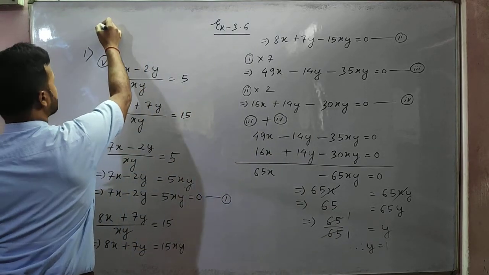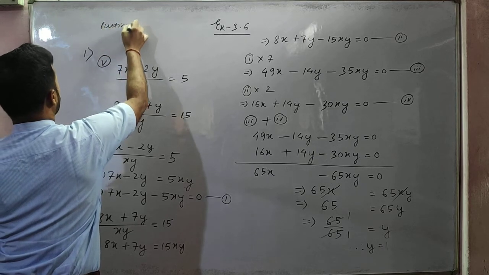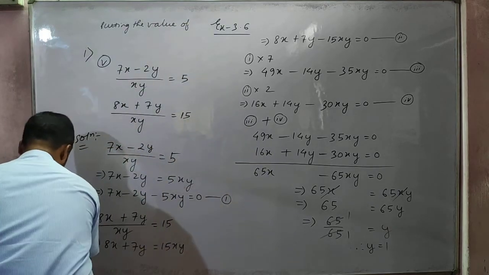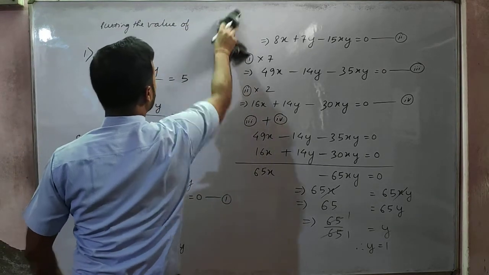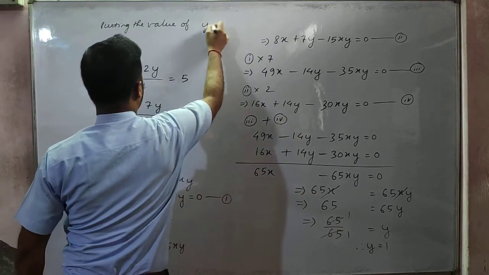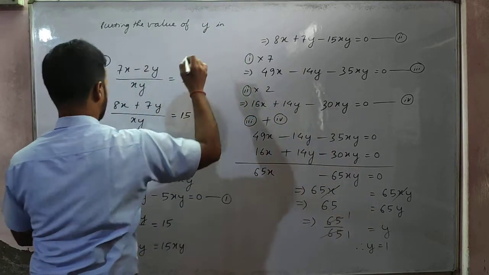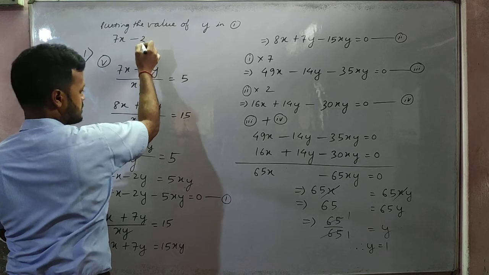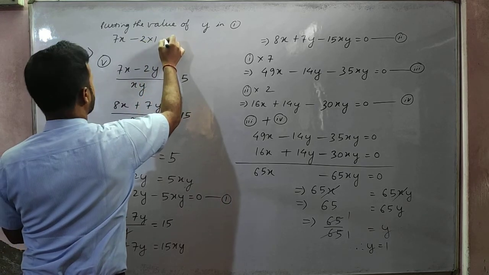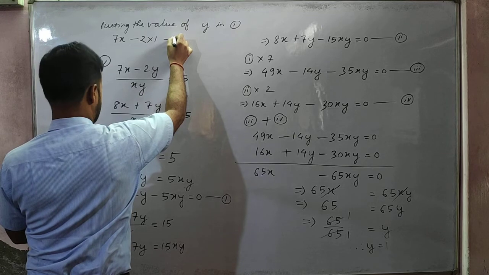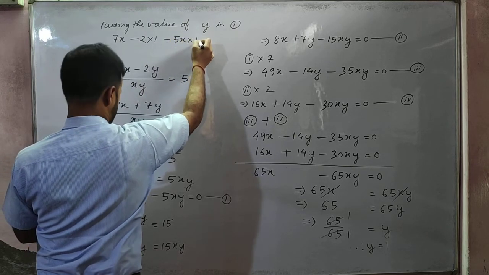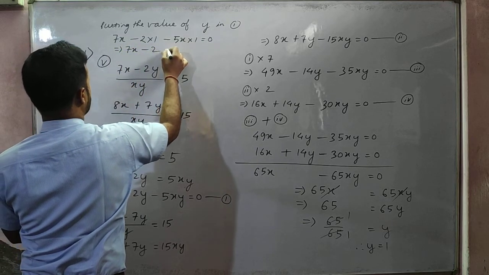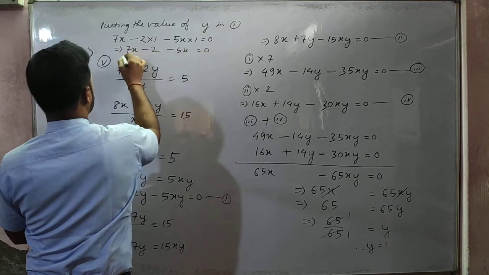Next, putting the value of y in 1. Okay, so 7x minus 2 into 1 minus 5x into 1 is equal to 0. So 7x minus 2 minus 5x is equal to 0.